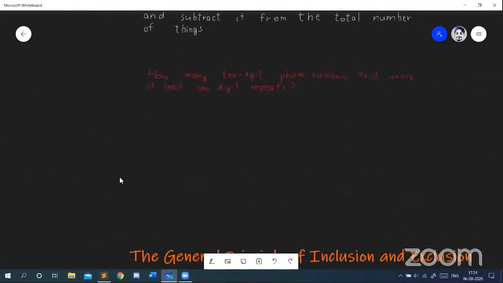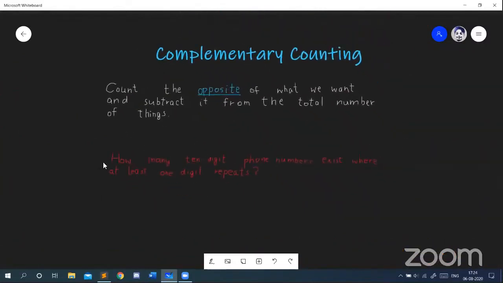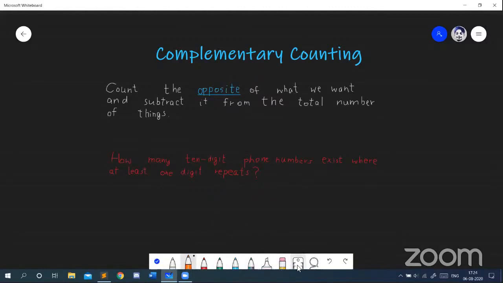And we're going to discuss something called complementary counting, which is something I didn't cover last time, and maybe I should have done it back then, because this was a problem that we kind of did last time. So what I'm saying is that we have to form phone numbers, if you remember that problem.